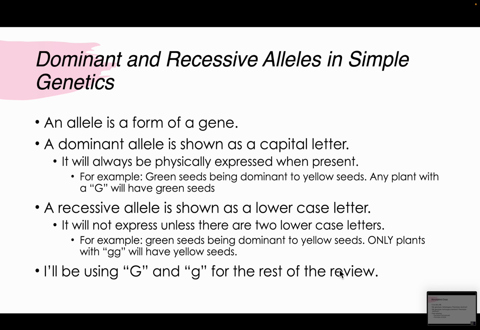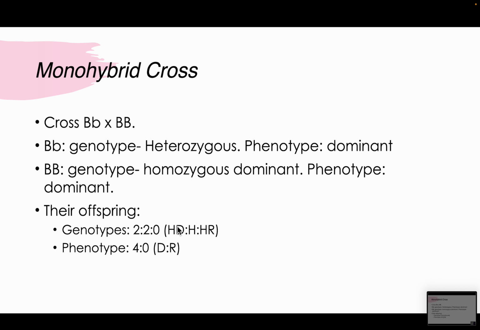When we write genotypic frequencies, we write it homozygous dominant to heterozygous to homozygous recessive. So if you did the Punnett square for these two, you would get two individuals that are homozygous dominant, you would get two that are heterozygous, and none that are homozygous recessive.